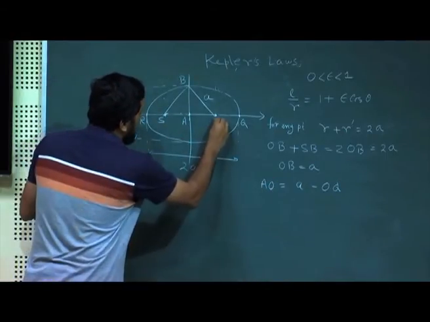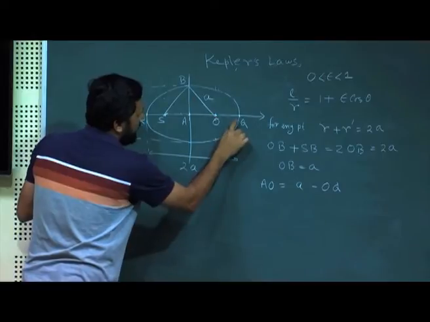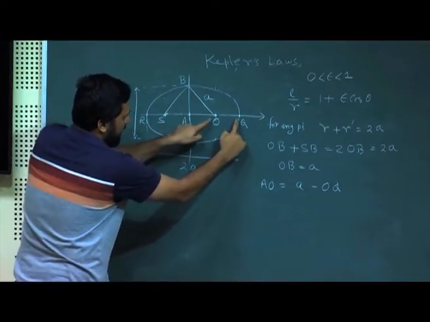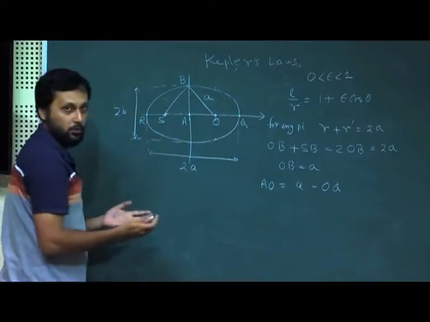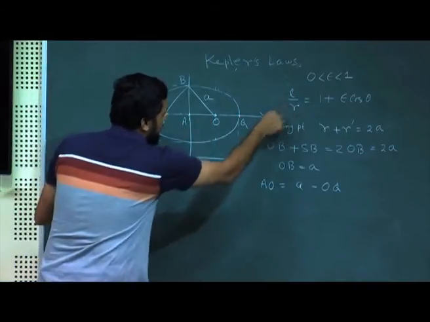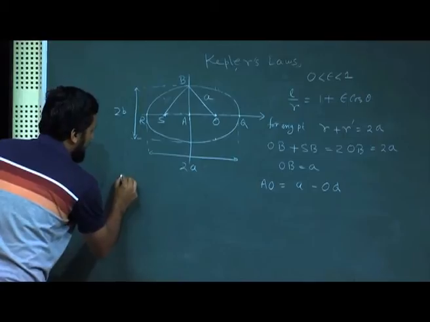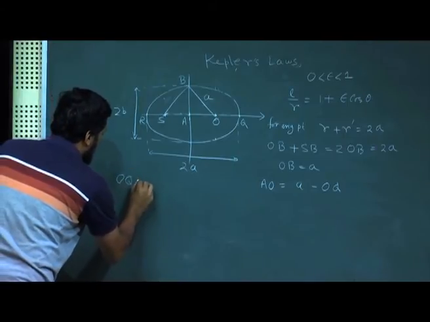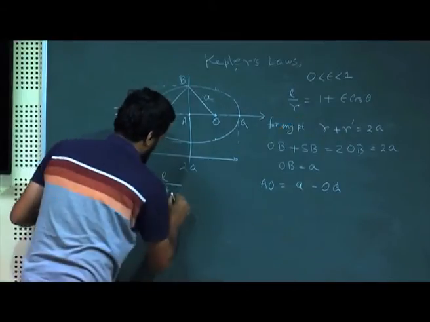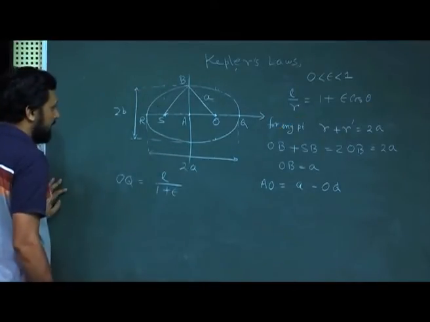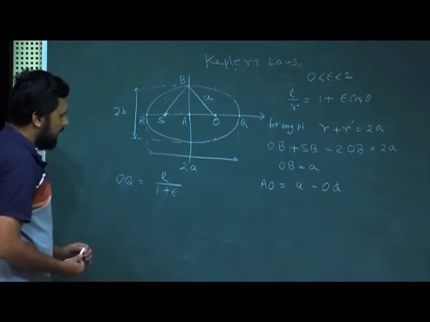OQ is, in this relation, if we put theta equal to 0, then our corresponding R is our OQ. So, from this relation we can calculate OQ is equal to L by 1 plus, putting theta equal to 0 simply gives 1 plus epsilon, right.